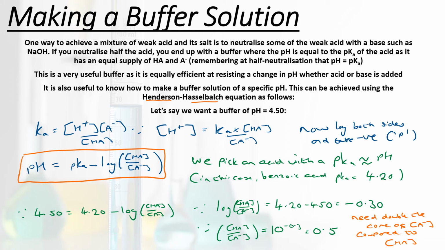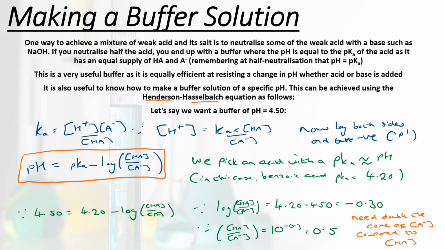The 10 and the log cancel out, and we're just left with the ratio of HA over A minus concentrations. And we do 10 to the power of negative 0.3. And if you do that in a calculator, you get the answer of 0.5. So what that tells you is the ratio of HA over A minus concentrations must equal 0.5, i.e. you need to have double the concentration of A minus compared to the concentration of your acid that you put in.